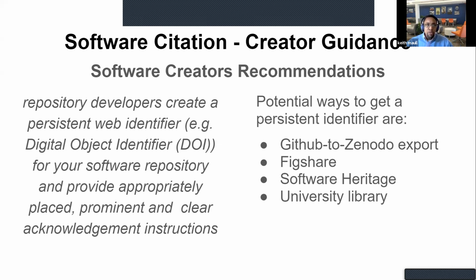And then if you are in a university community, Matt and I are at the NCAR library, so we are providing these services directly to the NCAR community, for supporting minting DOIs and other things. But you may not know, though it may exist, that your university library has experts on staff who can help with this process. So certainly don't overlook the resources that may exist in your own university community at the library.